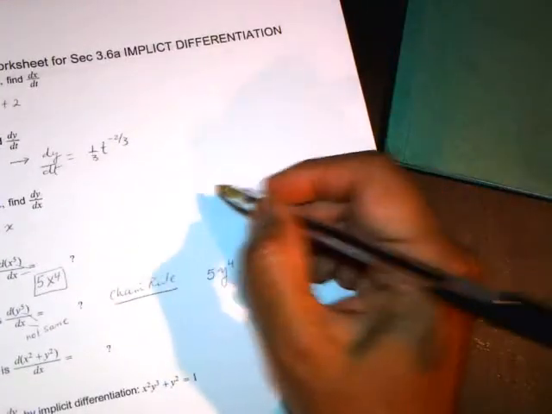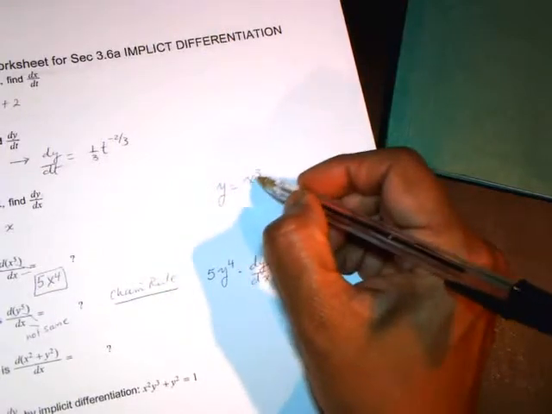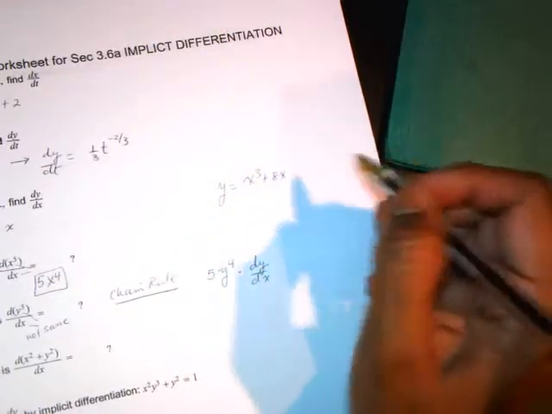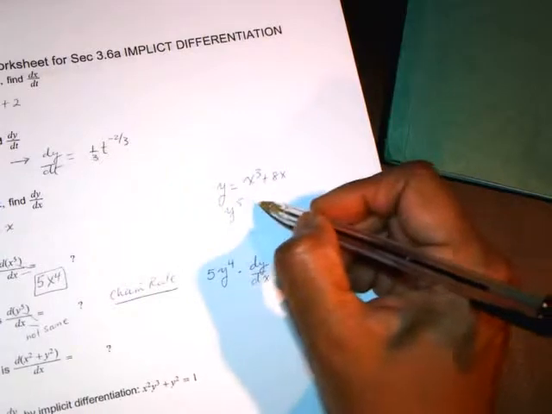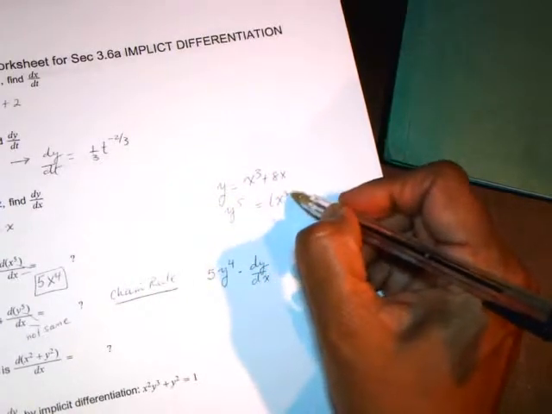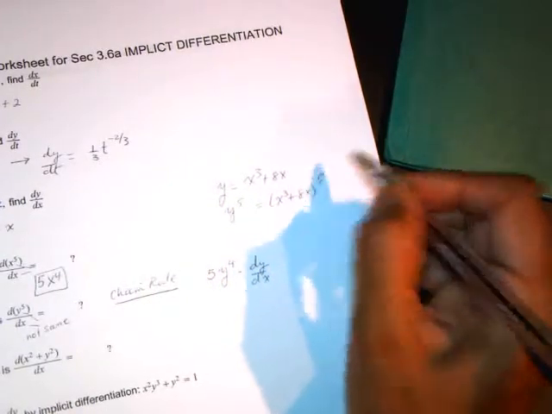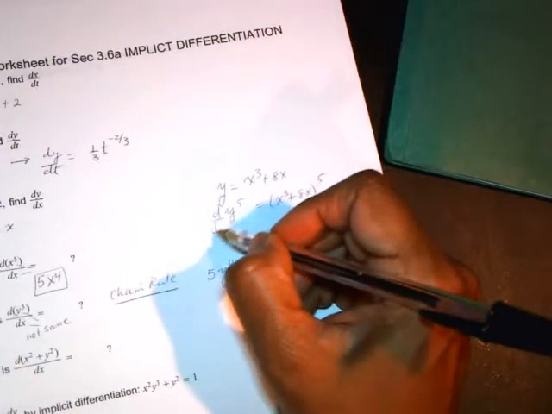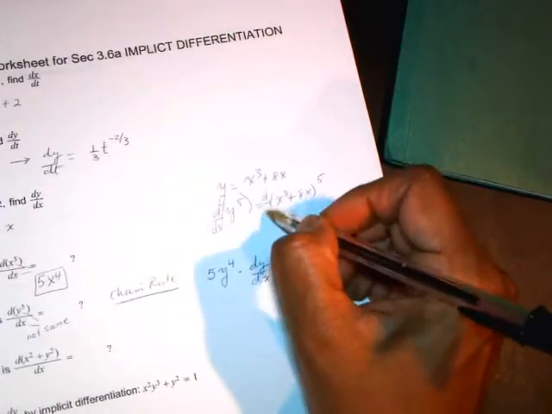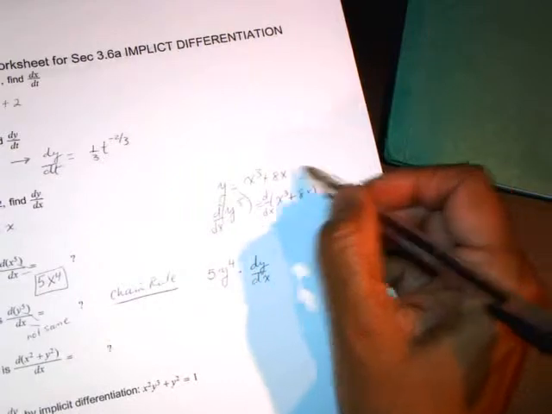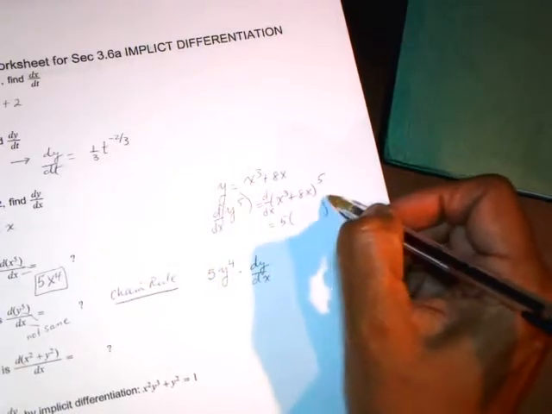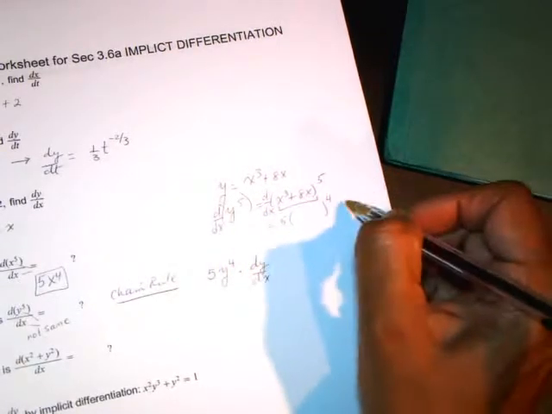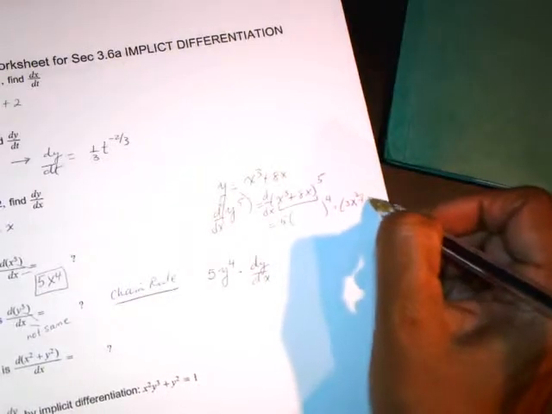Okay, so for example, if y had been x cubed plus 8x, and you had y to the 5th, it would have been x cubed plus 8x to the 5th. So if you needed the derivative with respect to x, what you would have done is bring the 5 down, this raised to 4, and then you would have gone inside and taken that derivative.